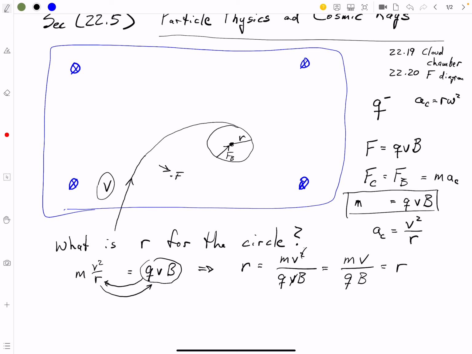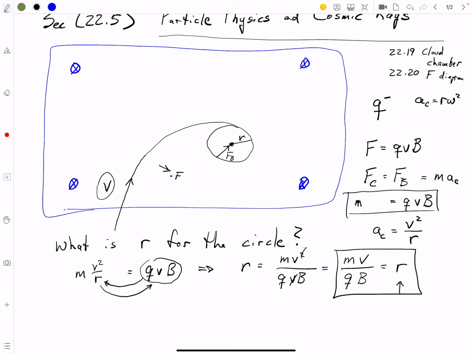But this is a good takeaway, because somebody will give you the B field, the charge of the object, the mass of the object, and some velocity of it entering into the B field. They'll ask you what is the radius of curvature for the circle that it develops.